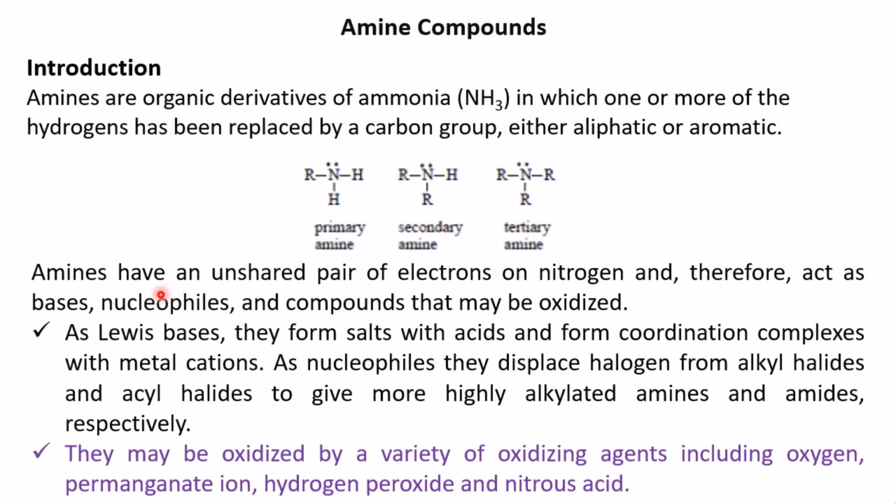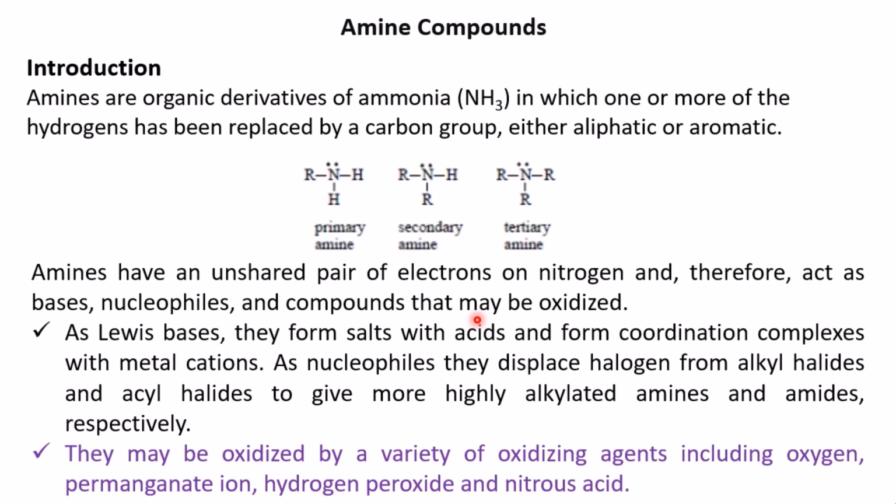Now, amines have an unshared pair of electrons on the nitrogen, and therefore they act as bases. They can also act as nucleophiles, and in some cases they act as compounds that can be oxidized. As Lewis bases, they form salts with acids, and they form coordination complexes with metal cations.